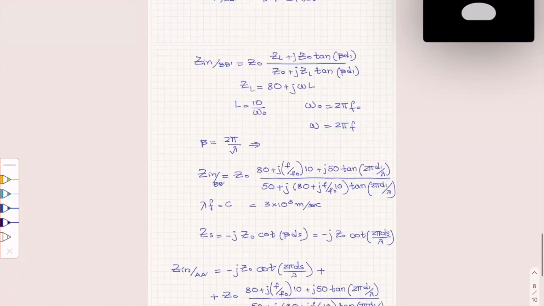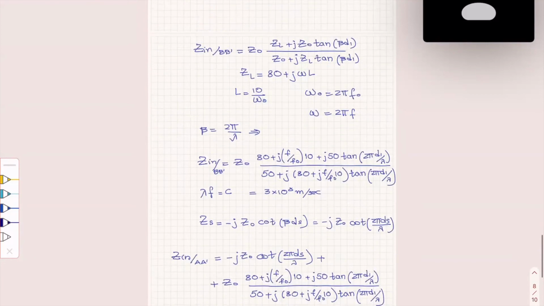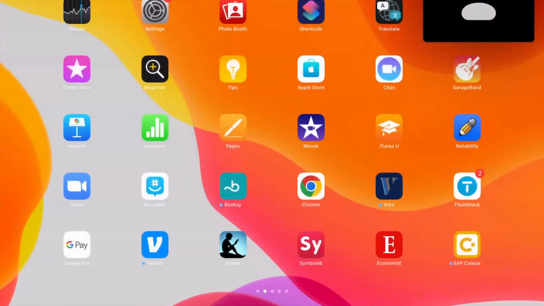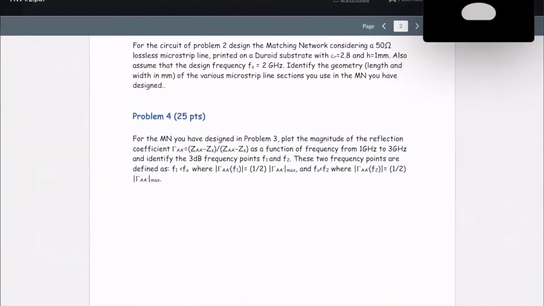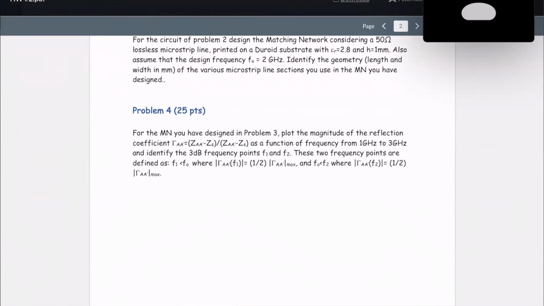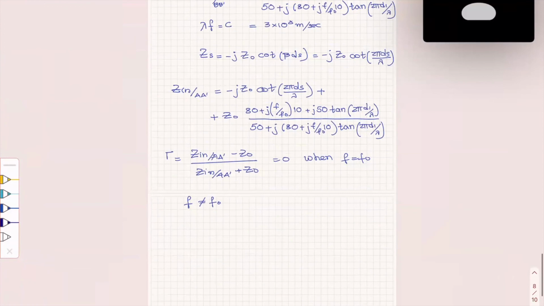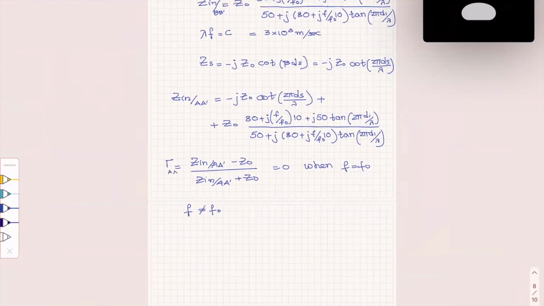And then find the points, as I said here. So I want you to look at the magnitude, obviously, of the reflection coefficient, and then look at the two frequency points, one higher than the design, one lower, because you're going to find, for example, I cannot write on this one, but what you're going to find is that if you plot the magnitude of this, it looks like that.